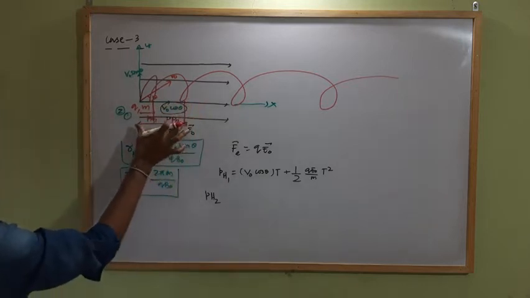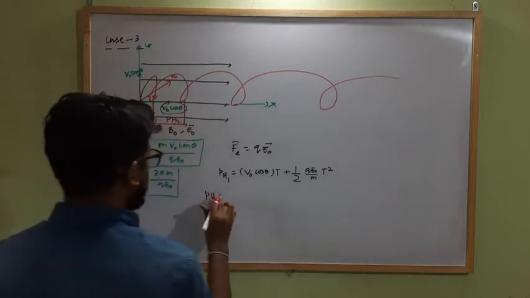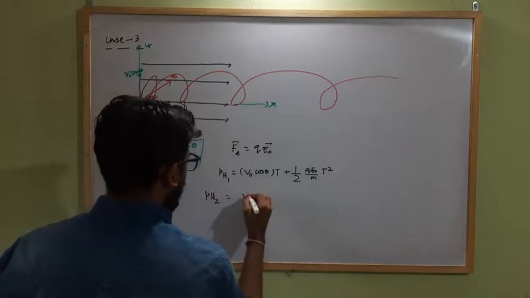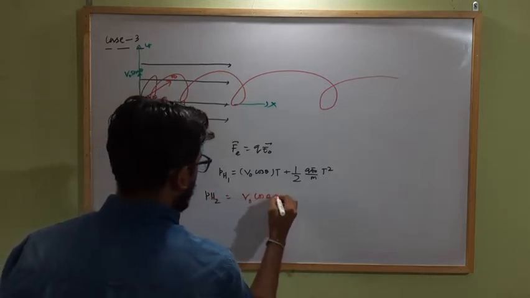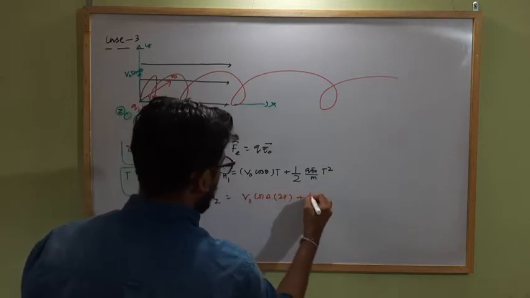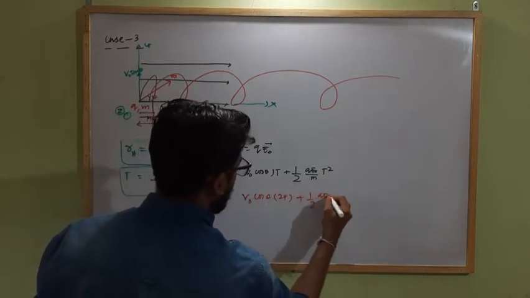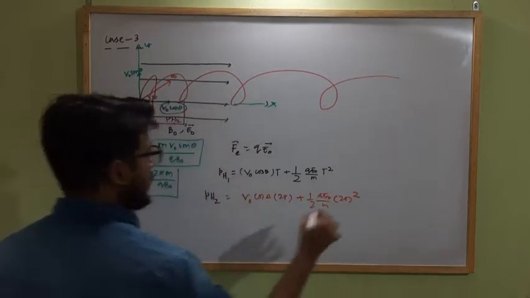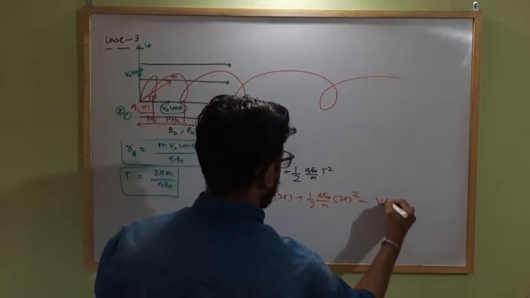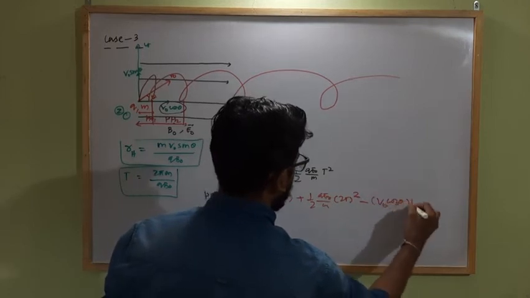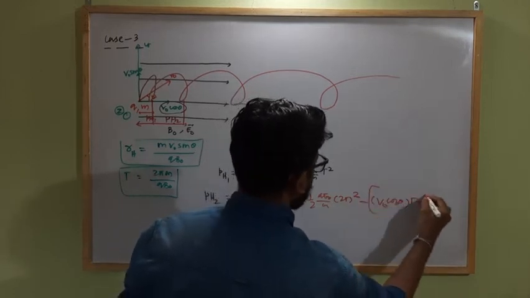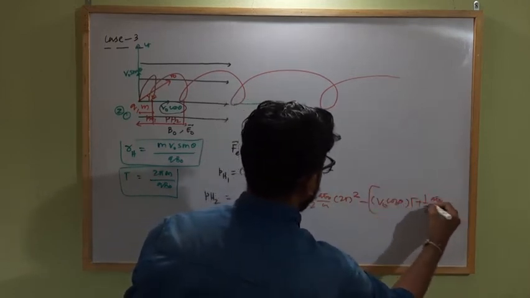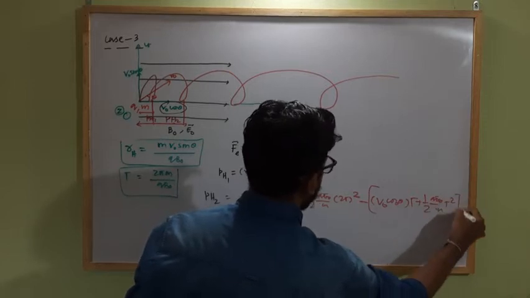So in 2 time intervals, what is the complete distance? It will be v naught cos theta into 2t plus half q E naught by m into 2t square, minus pitch 1, that is v naught cos theta into t plus half q E naught by m into t square.